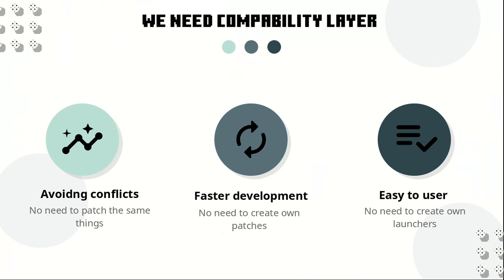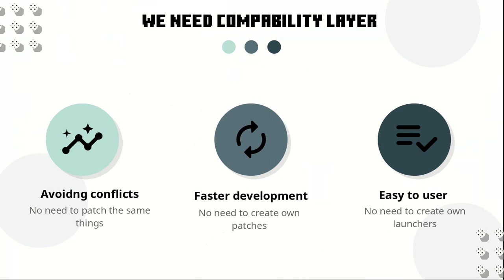So a compatibility layer, as I said, allows us to avoid conflicts and develop mods faster, because it does not need to maintain all patches from zero. Also this is much easier for users, because users now do not need to install a custom launcher.